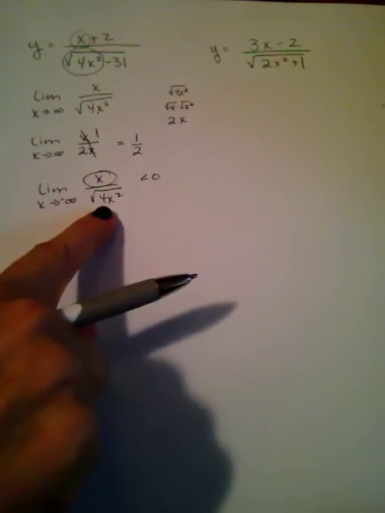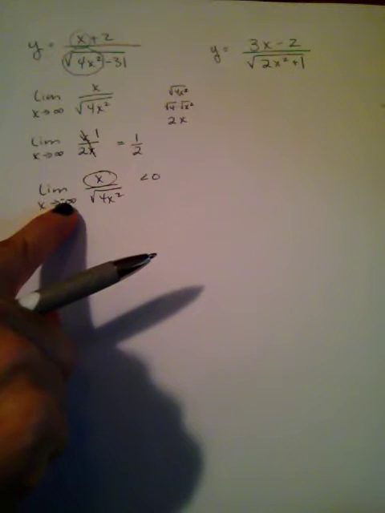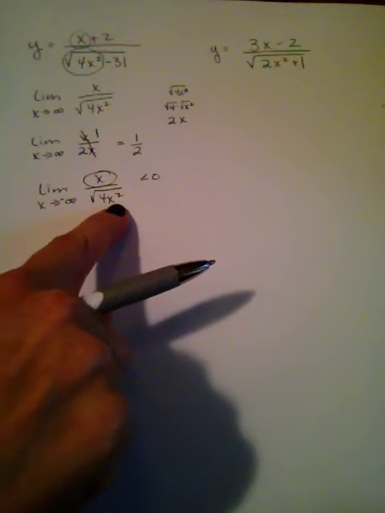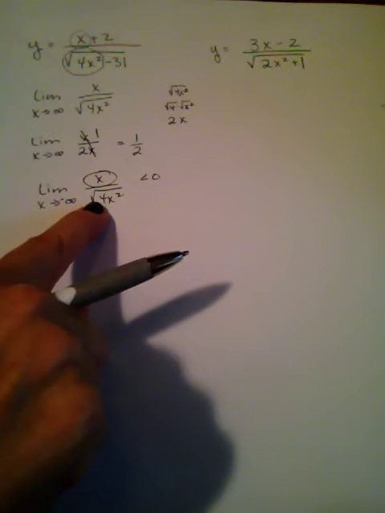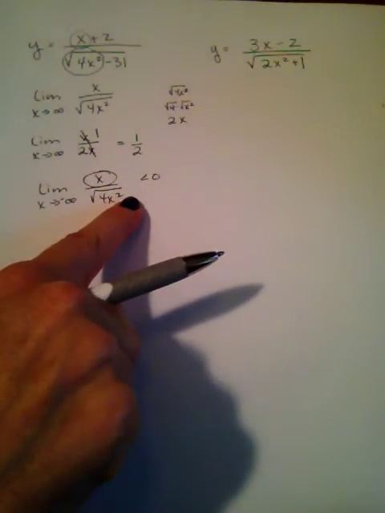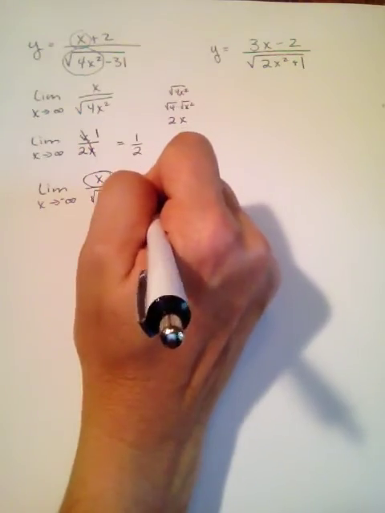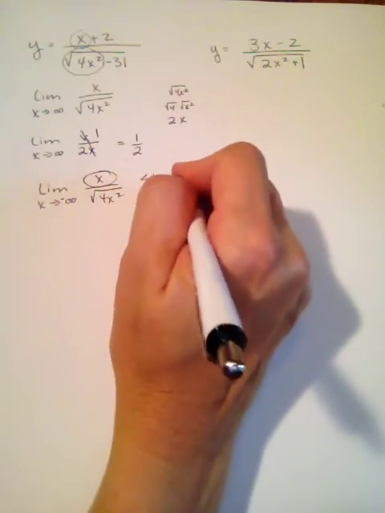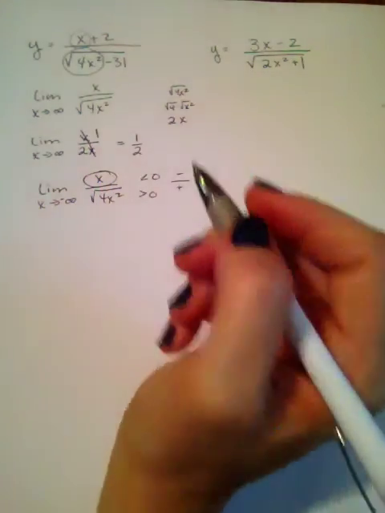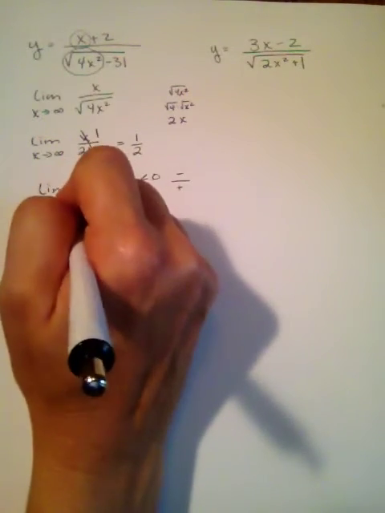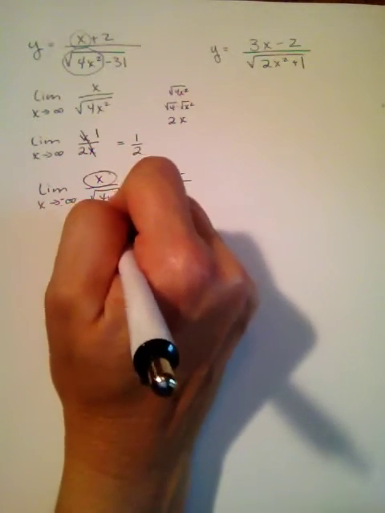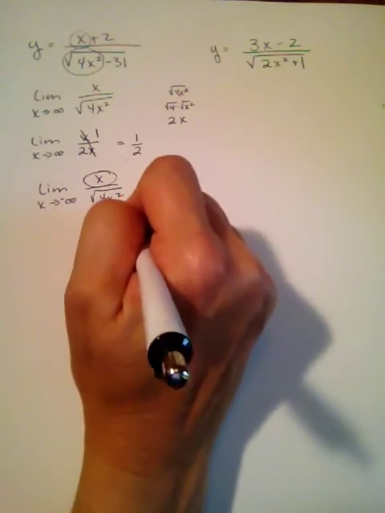But if you look at my denominator, I'm taking my negative infinity and squaring it, so it's positive times 4, which is positive, and the square root of a positive does exist, so my denominator is greater than 0. I have a negative divided by a positive, and that is a negative number. So this limit here is actually equal to negative 1/2.